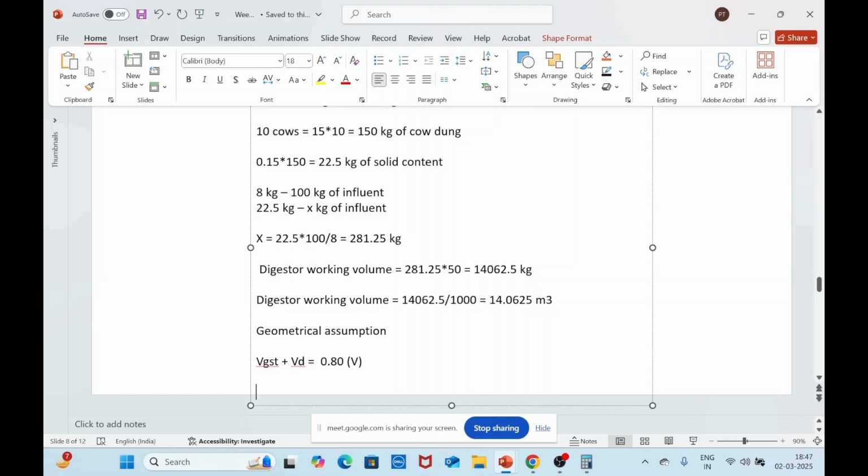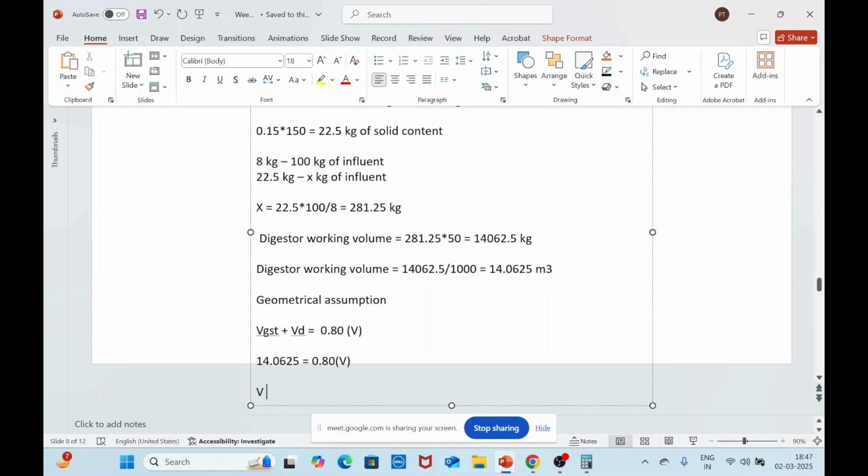So the digester's working volume, the one that we get, is nothing but the volume of the digester chamber plus the gas storage unit. So 14.0625 is nothing but 0.80 times the volume of the digestion chamber.